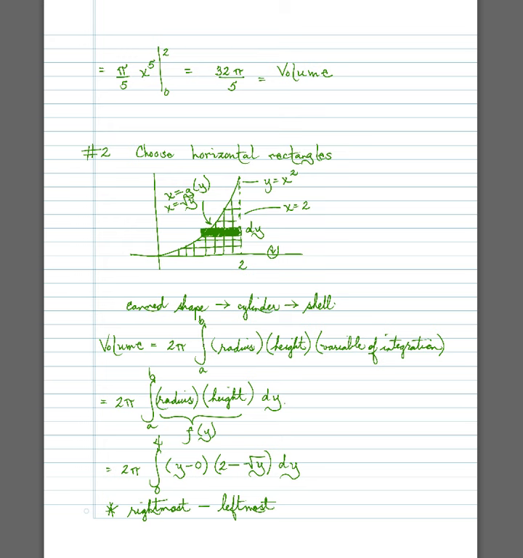If we integrate this, we get 2 pi times the integral from 0 to 4 of 2y minus y times the square root of y. Well, y times the square root of y is y to the 3 halves.